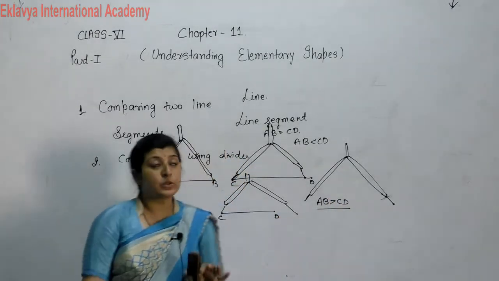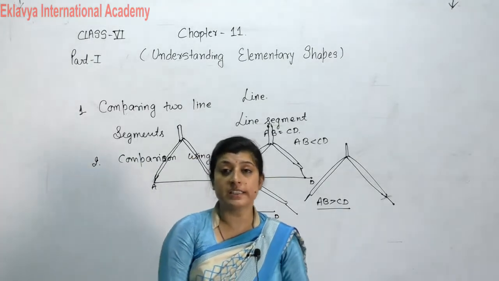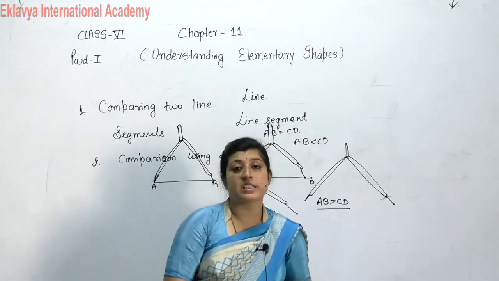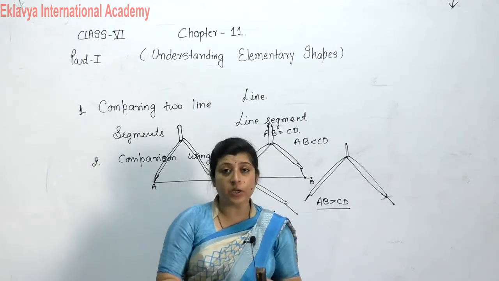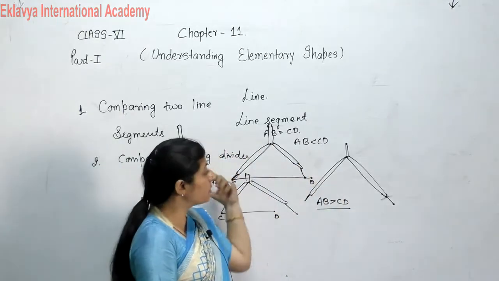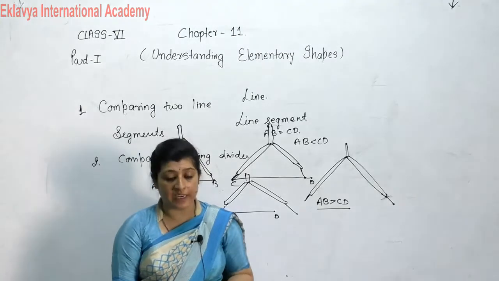But in these two types, observation and divider, we can only say whether it is equal, greater or less than. We don't know the particular line segment length by using observation and divider.